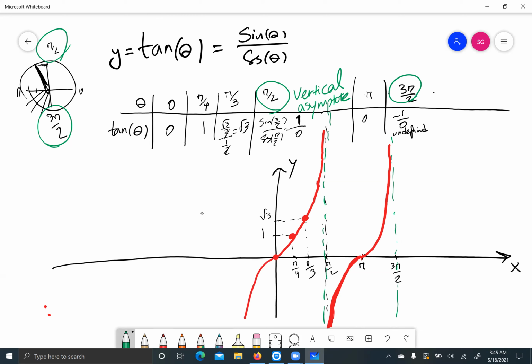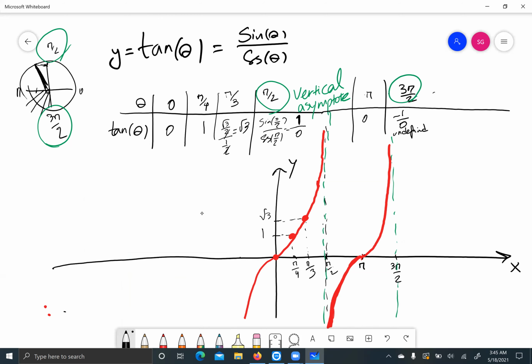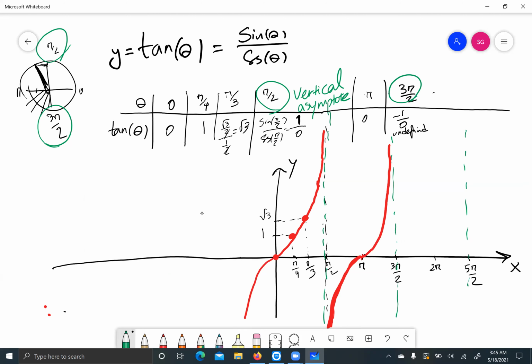So all the vertical asymptotes are at pi over 2, and then here you have 2 pi, here you have 5 pi over 2. So again, here you have a graph. Look, here also you have a vertical asymptote, and the graph is going to be like this.